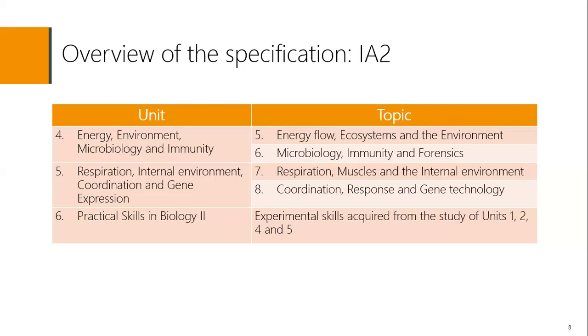The content of these units is focused around developing a good understanding of fundamental biological processes, and it's more demanding. You would expect to be covering these units in the second year of an A-level course. Again, units 4 and 5 are split into 2 main themes, and unit 6 is experimental skills acquired throughout the whole of the study of the A-level biology.